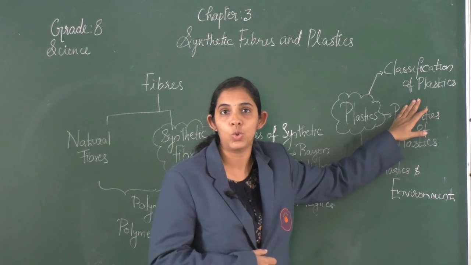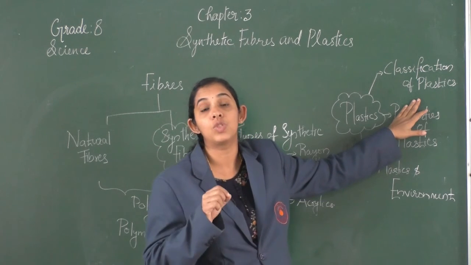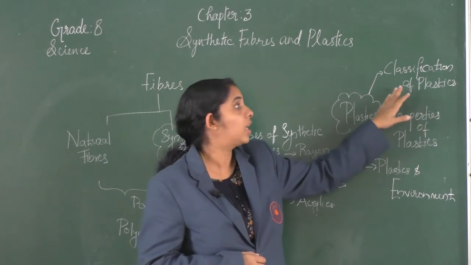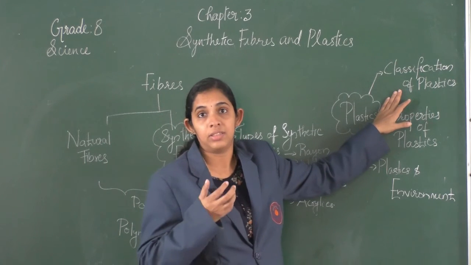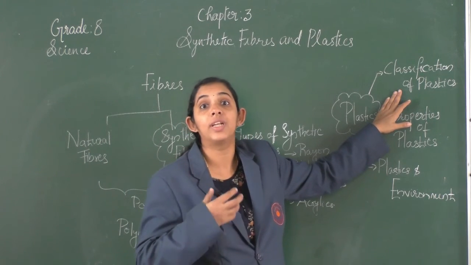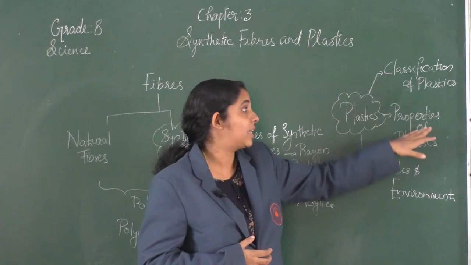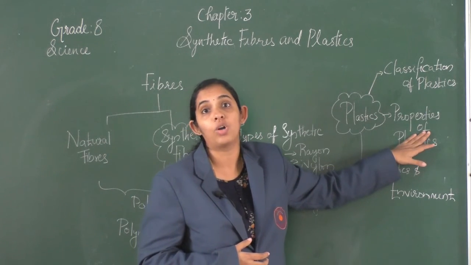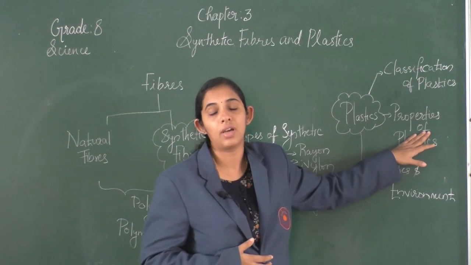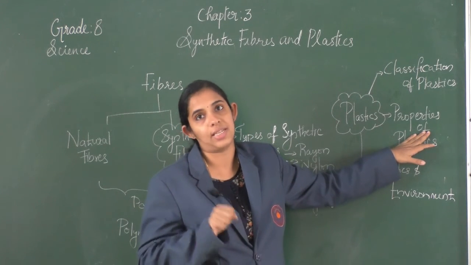They are classified into thermoplastics and thermosetting plastics. Thermoplastics are those plastics which can be molded again once heated. But thermosetting plastics cannot be molded or softened by heating once set.